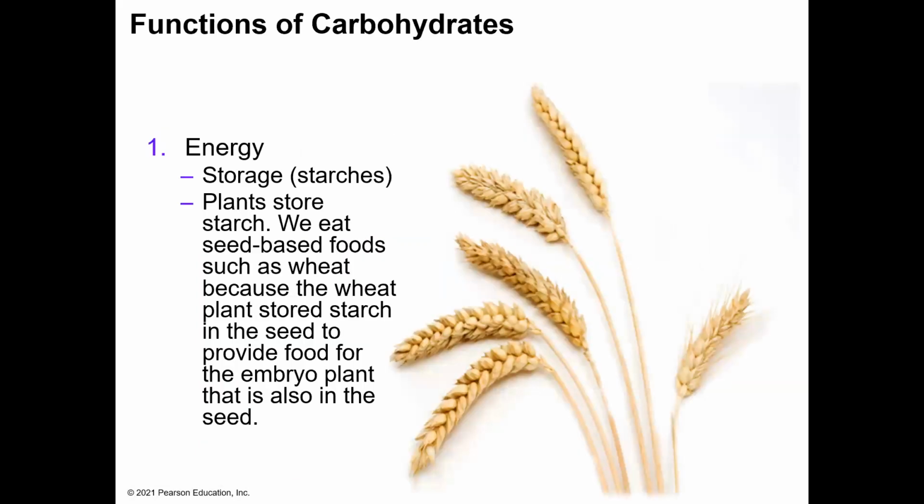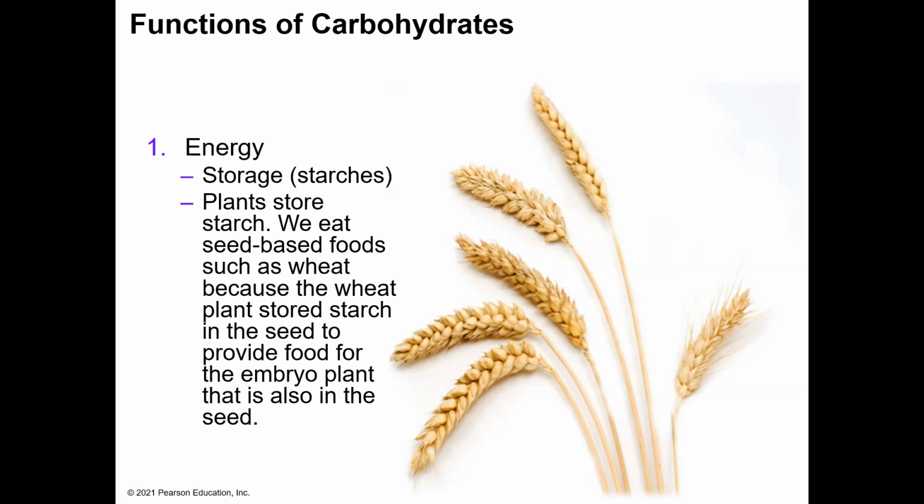So let's go over some functions of carbohydrates just to review some of the functions of these and put importance of carbohydrates. The number one function of carbohydrates is energy. Energy is stored either as starches in plants or glycogen in animals. Plants in particular store a lot of energy in the form of carbohydrates.